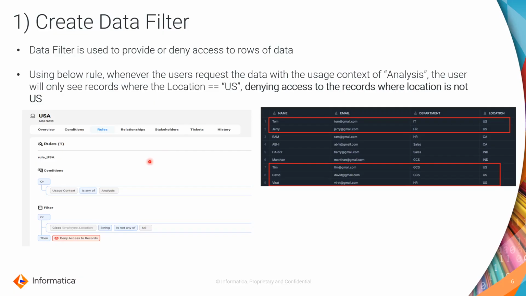So basically, wherever the location is non-US, protect the data, and don't give users access to that data. We are also specifying a condition for when this rule should be triggered. It should be triggered whenever a user requests the data with the usage context of analysis. Only then will this rule be triggered and the non-US location records be protected.